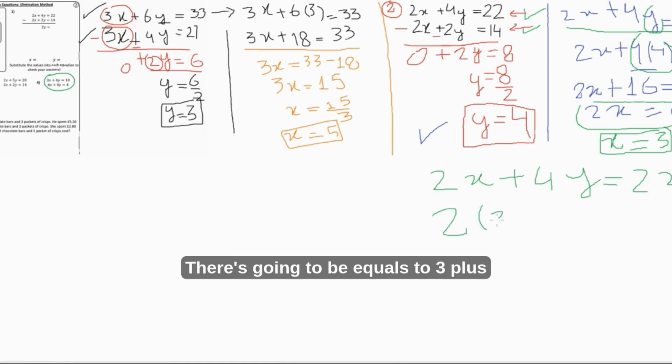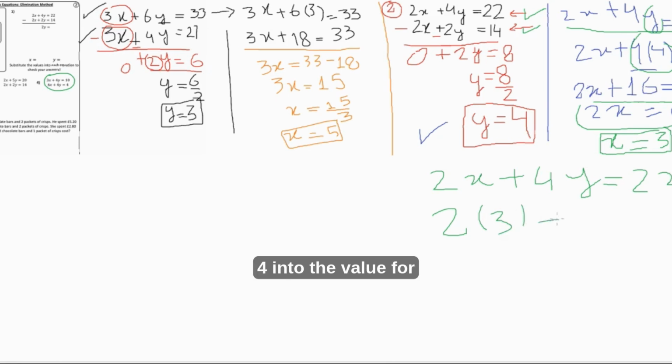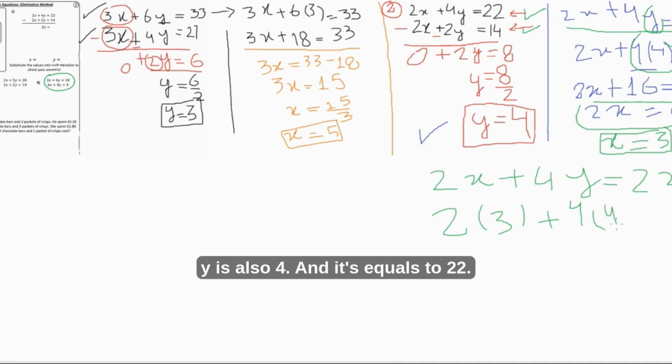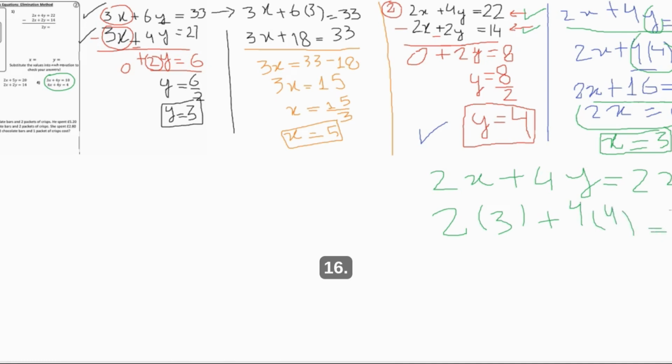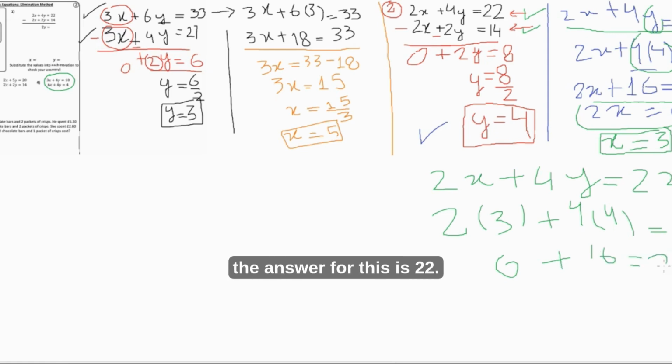So it's going to be 2 times 3 plus 4 times 4, the value for y, which equals 6 plus 16. And if you add them, the answer is 22. It means our answer is correct because it satisfies the equation.